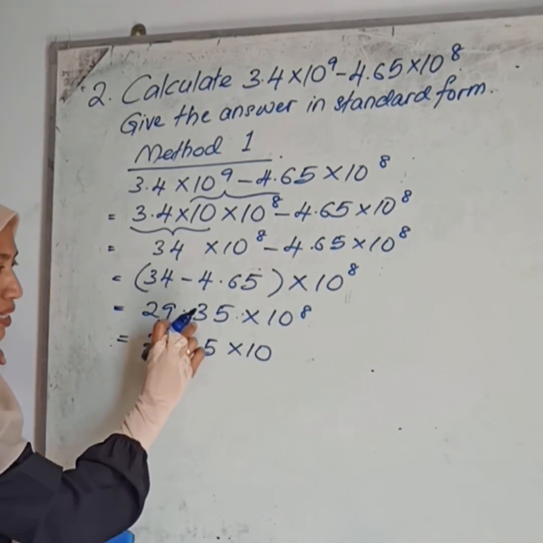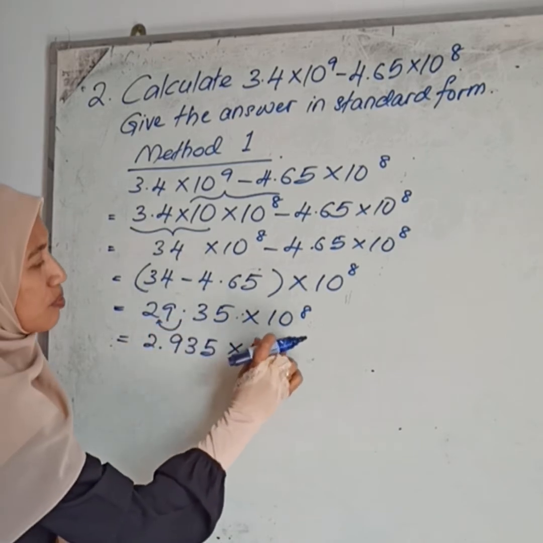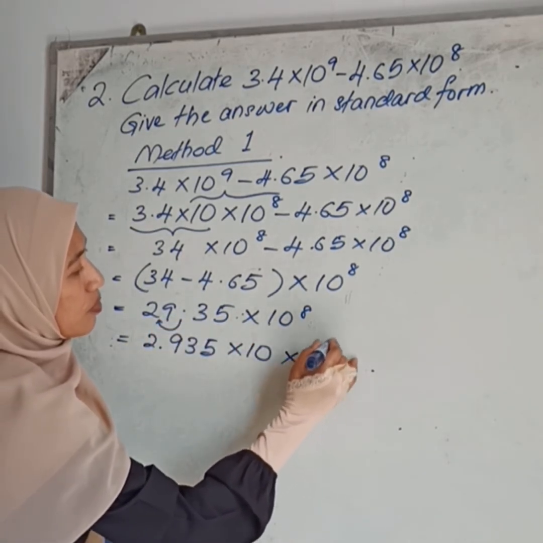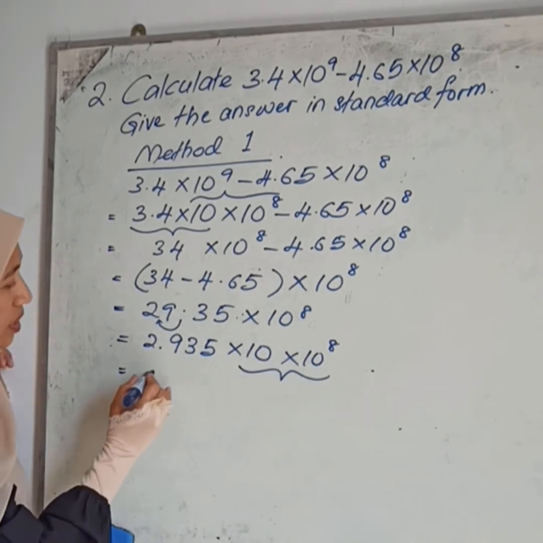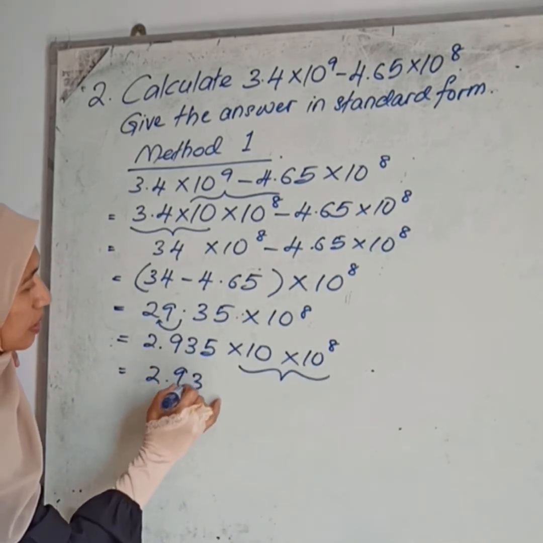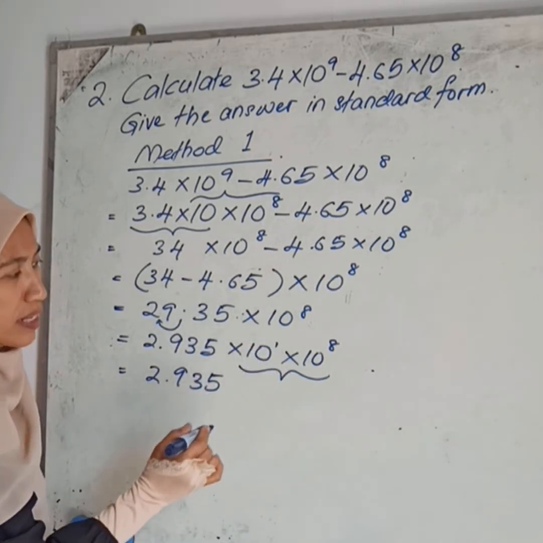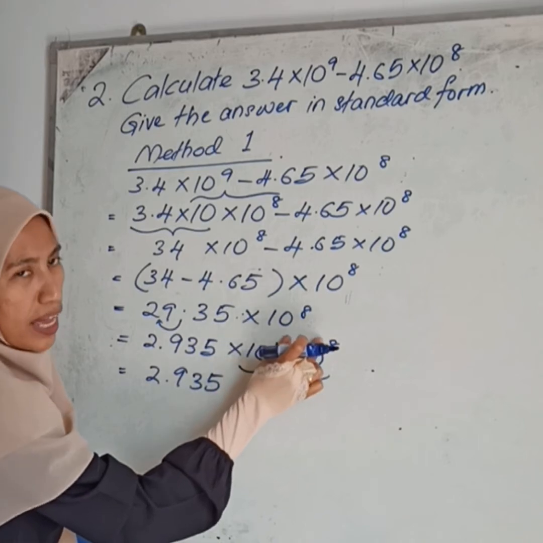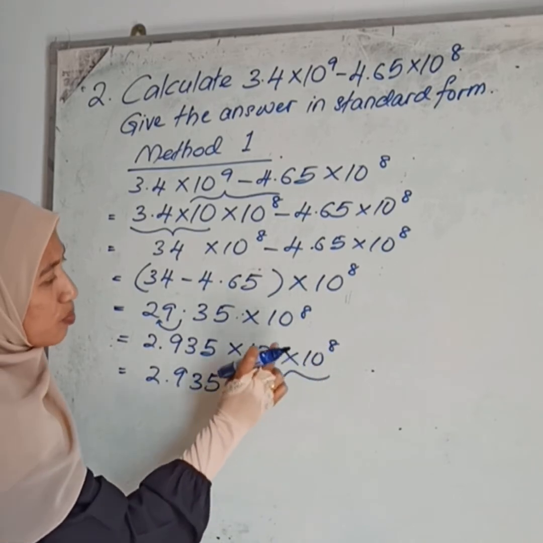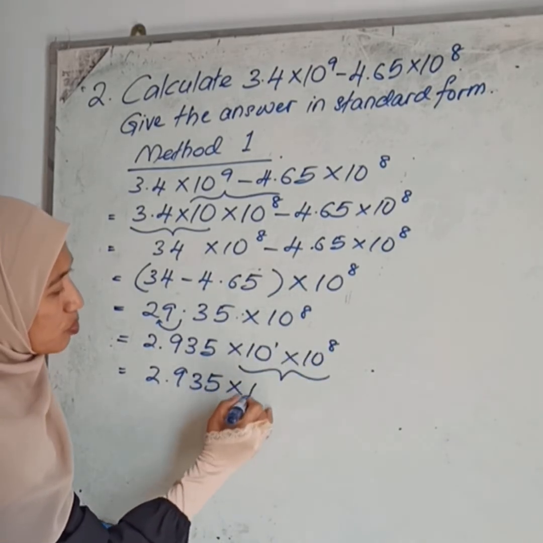So we will get 29.35 again. This one just follows, by using the index law, 10 to the power of 1 times 10 to the power of 8. Same base, so we can add the index: 1 plus 8 equals 9.